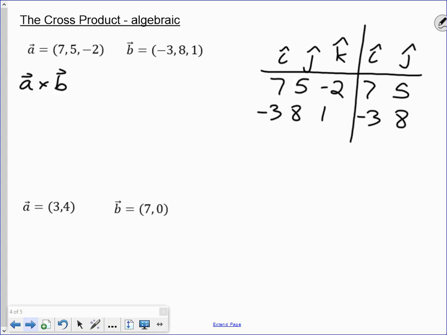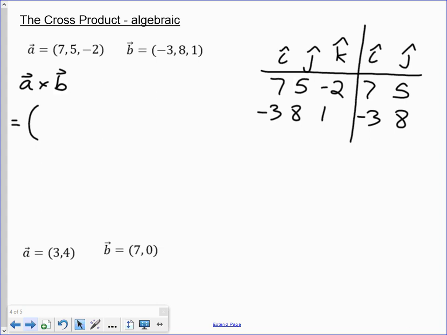So I've set up this little table, and this table is what I'm going to use to remember the operations that I need to go through to figure out the cross product. My cross product is a vector. It's going to be a three-dimensional vector, so it's going to have 3 components. So we first have to do the i component, then the j component, and then the k component.